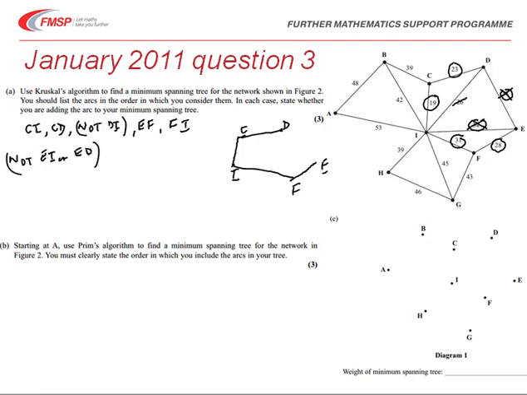HI is the next one. HI coming in at 39. Well, yes, we can use that one. So HI. And then the next smallest one is BI, size 42.